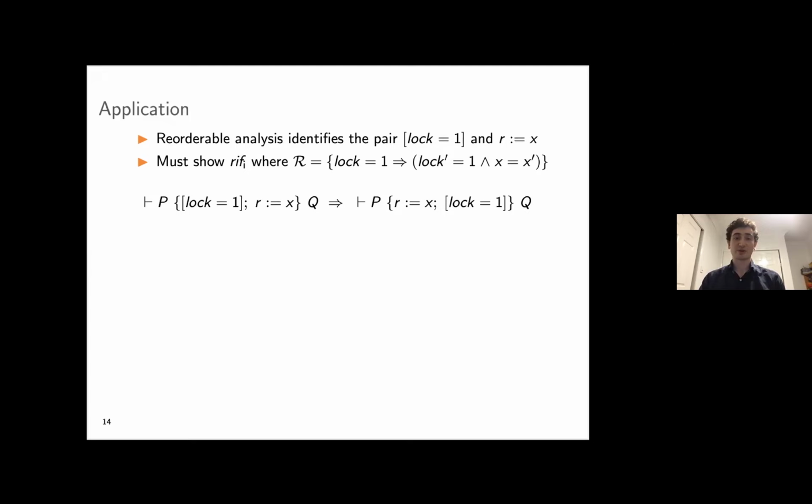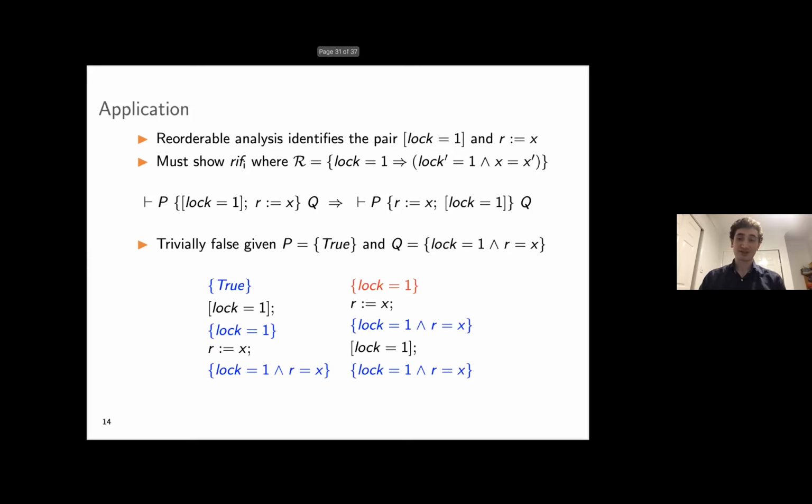Given this pair, it's necessary to demonstrate interference freedom between the two of them under this particular rely. Unfortunately, that doesn't hold. It will fail. If you consider the pre and post condition from just before, you can demonstrate that particular judgment over the in order execution, but it will fail under the out of order, trivially because you need to know the lock is equal to 1 prior to the access to x to really be able to say anything after the fact.